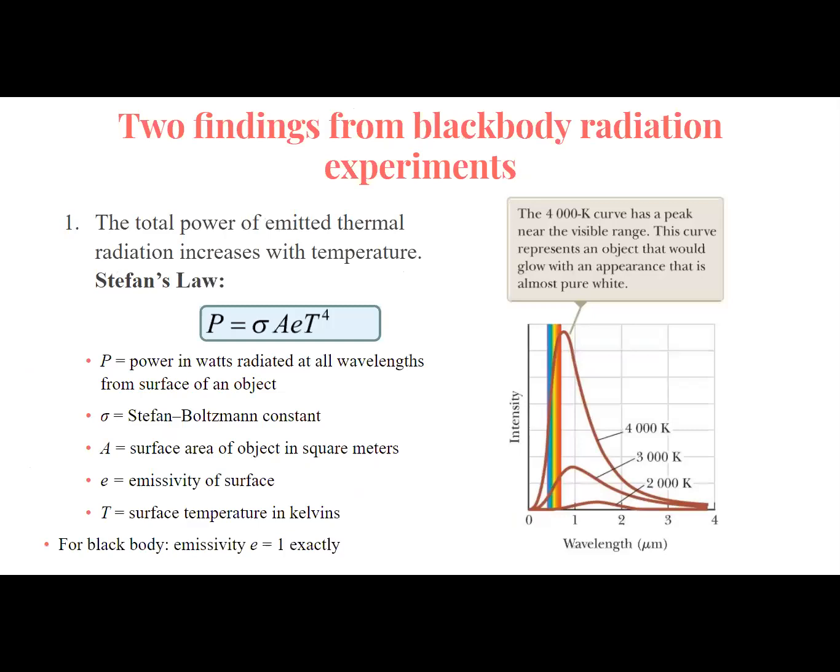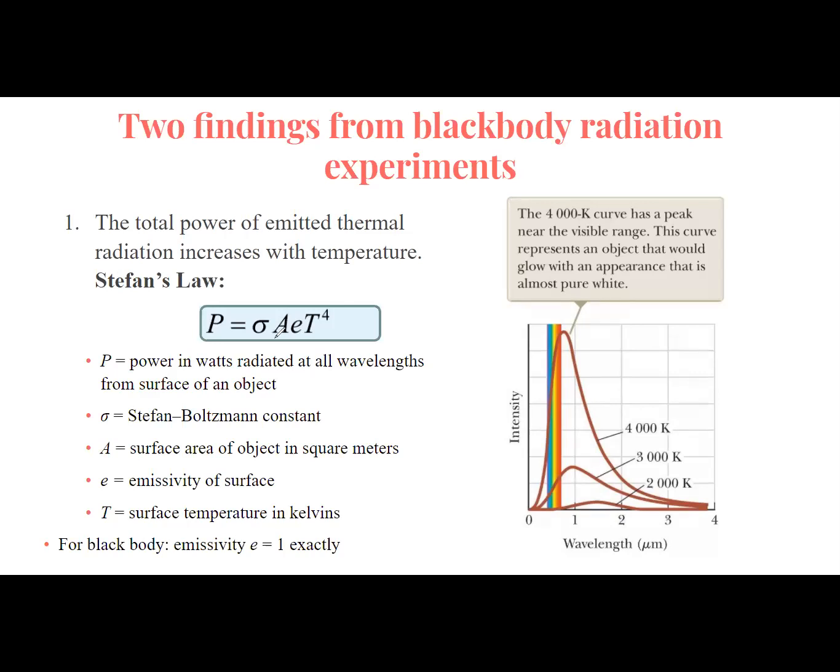The first one is Stefan's law, which models how much thermal radiation anything emits. There's a constant sigma there, the Stefan-Boltzmann constant. The amount of thermal energy you emit increases with the surface area. And there's a third term there, e, which is not the exponential function, but the emissivity of the surface. Essentially, how good are you at releasing thermal energy?